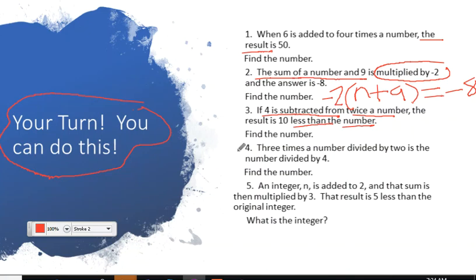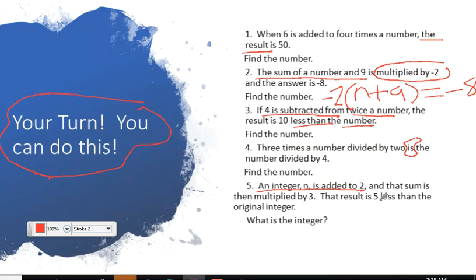Okay, let's look at number 4. 3 times a number divided by 2 is the number divided by 4. So here's where your equal sign is going to go. Okay, and then the last one, an integer n is added to 2. So integer n is added to 2, and that sum is then multiplied by 3.